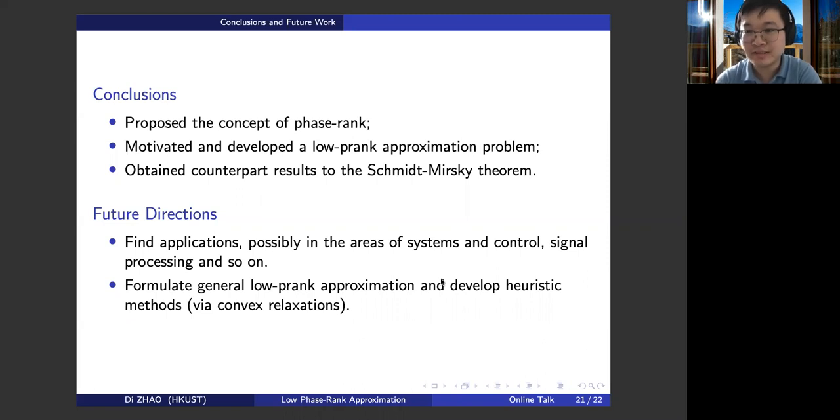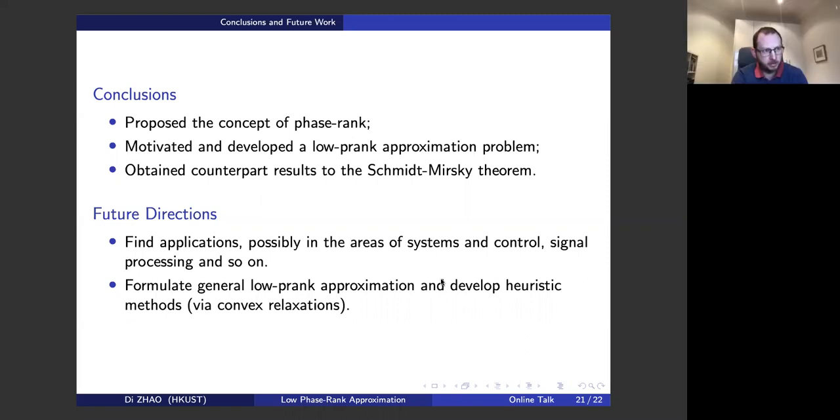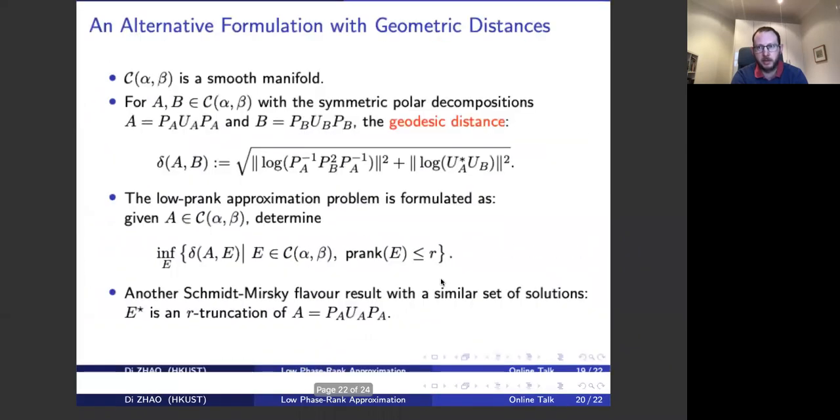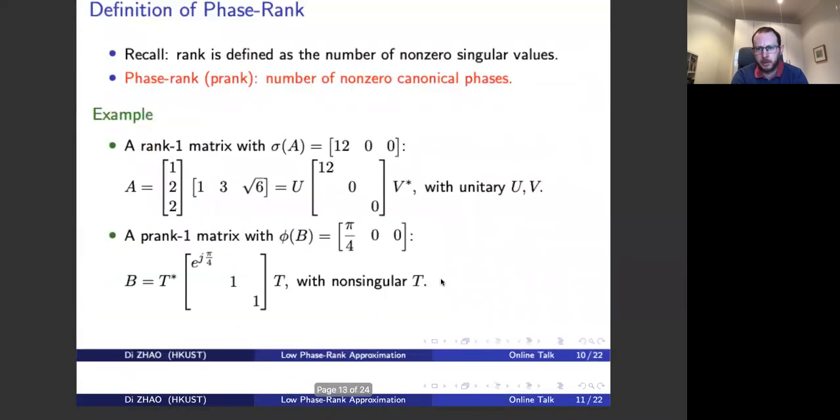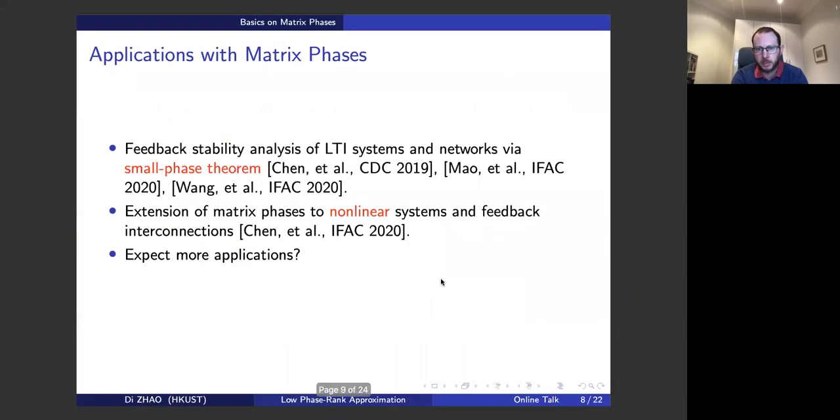Yeah. Sure. Thank you. And a second question. You mentioned earlier, I guess as an application of these ideas, the small phase theorem, as you called it, related to the small gain theorem. For linear and nonlinear systems, we have passivity theorems, which are obviously very closely related to positive real matrices, and also negative imaginary stability results.